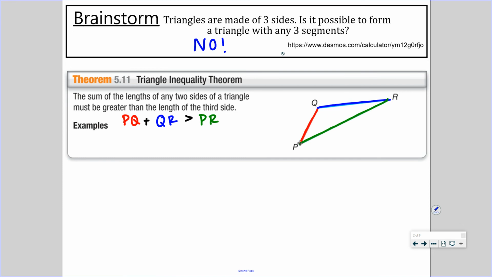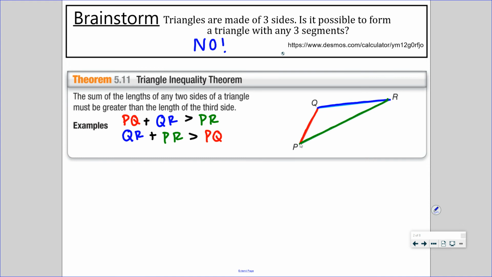But you have to show it for all 3 sides. Okay? So this one's just adding up the red and the blue side. I would also have to add up the blue and the green. I'd have to show that QR plus PR, that sum, is greater than the 3rd side, which in this case would be PQ.